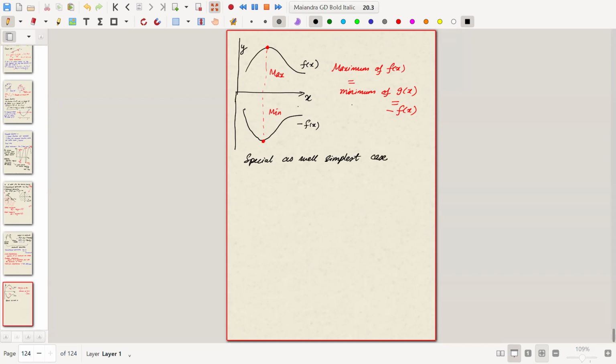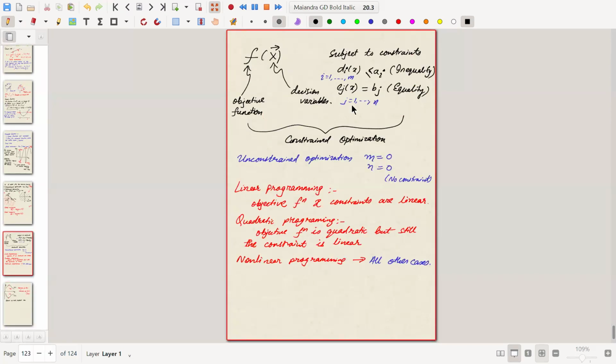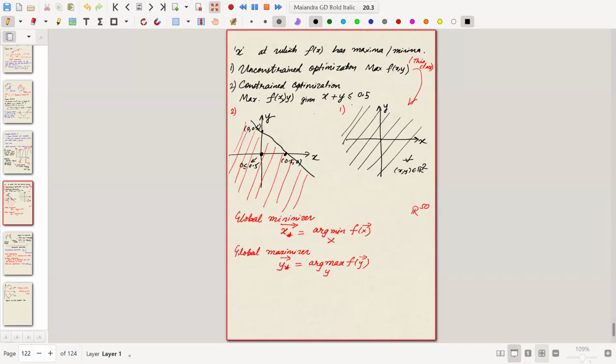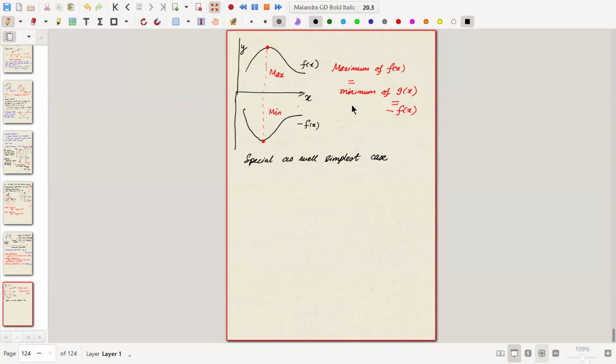Previously x was a vector. Now this is the simplest case we are considering, where x is a scalar. Scalar means x is a real number. Whatever we are doing will be on the 1D real line.